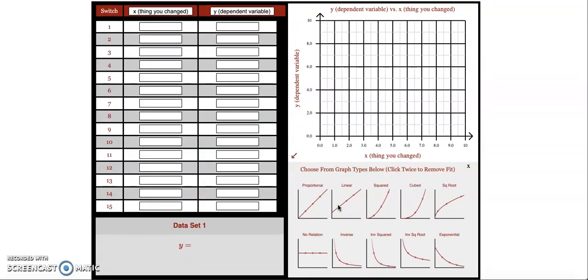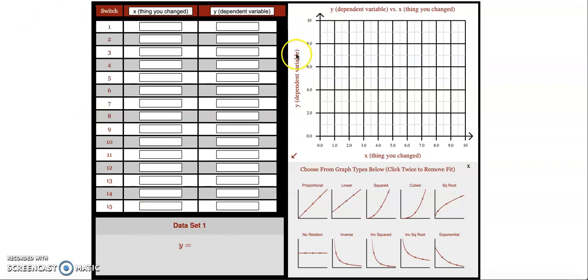The relationship you're going to see between mass and acceleration should not be linear. And so when you see the shape that best matches your data, you're going to be able to pick that from the images here. In Desmos, you don't have best fit lines to choose from. You would have to know the equation of the line, and that is a little bit more complicated. So that's why I recommend using this tool to create your graphs.